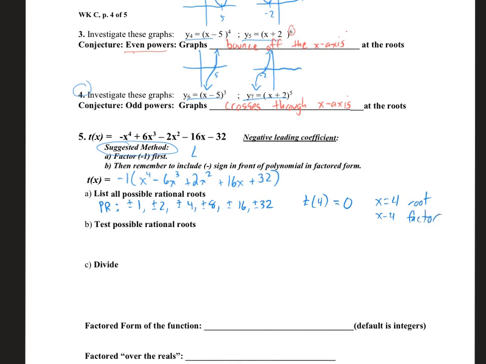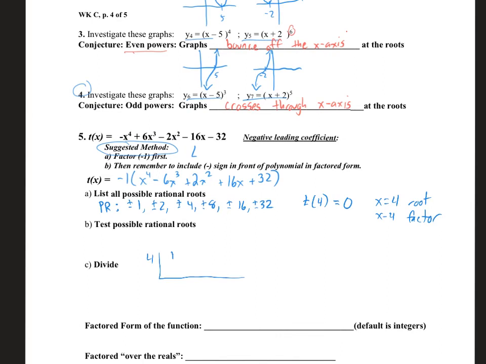And so that comes down here. We're going to divide that root out of there by synthetic division. I'm going to use my polynomial where I factored out the -1. It wouldn't matter which one you use. Again, that -1 doesn't have any impact on the roots.